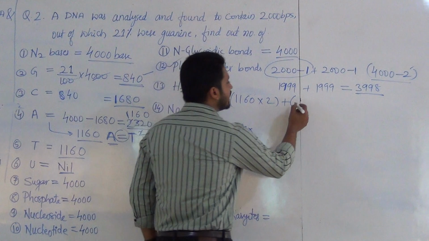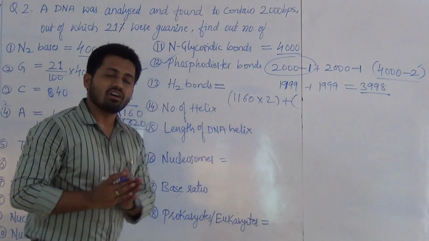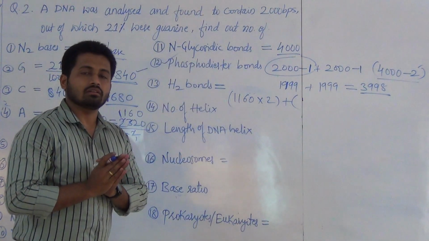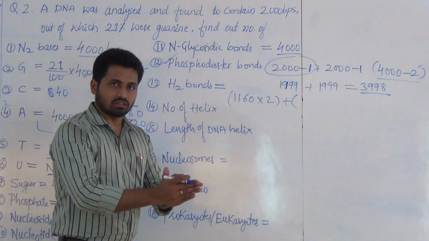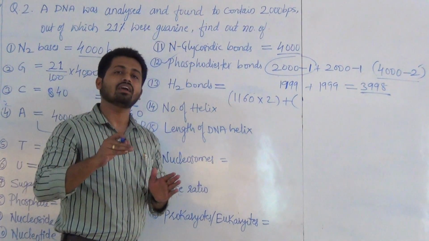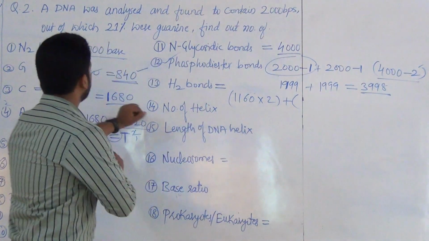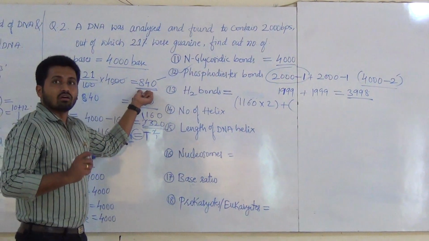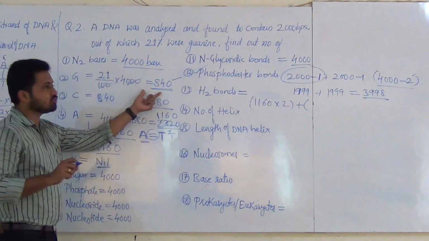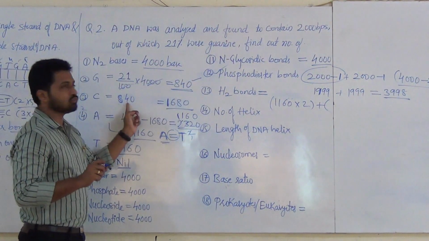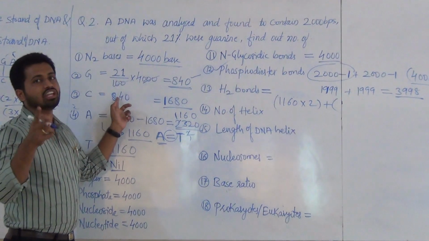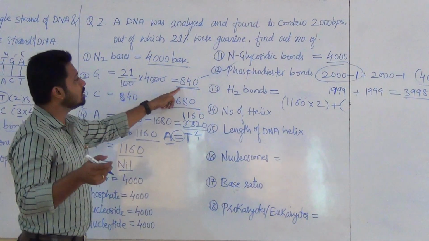Now what is guanine and cytosine pairing? Number of guanine that is pairing with cytosine, that is number of base pairs formed by combination or pairing of guanine and cytosine. How much is it? 840. Remember, guanine 840, cytosine 840. It means when you are going to consider pairing, it will be 840 only.